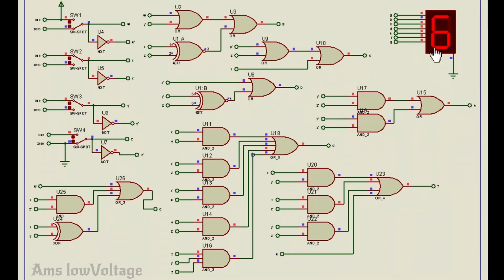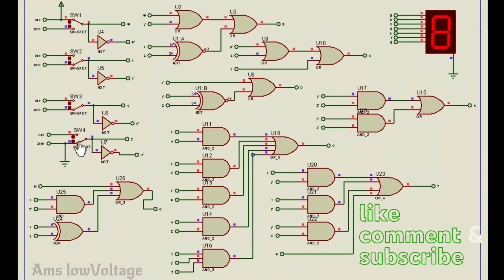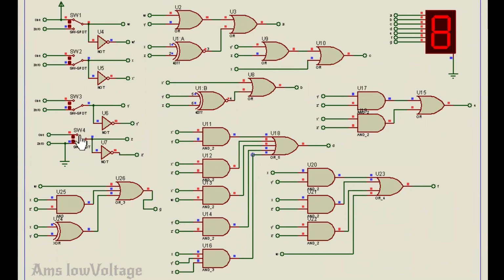Oh, 6, this is also working. Nice. What about 7? 7, yes, working. What about 8? 1 0 0 0. Yes, 8 is also working. What about 9? 1 0 0 1. Yes, 9.